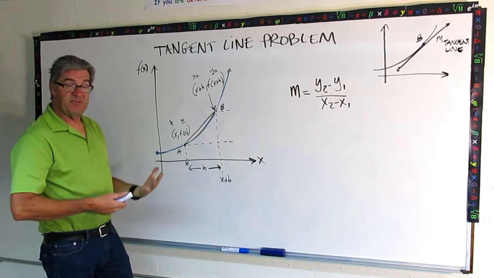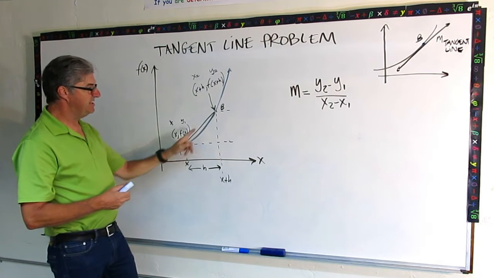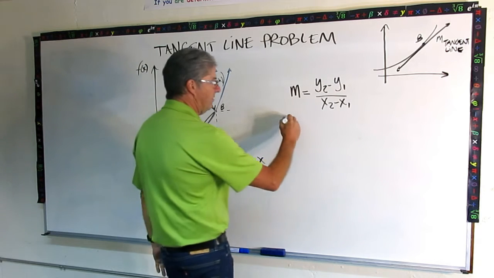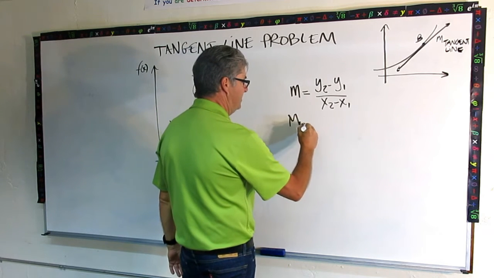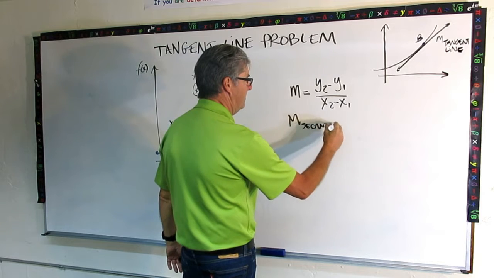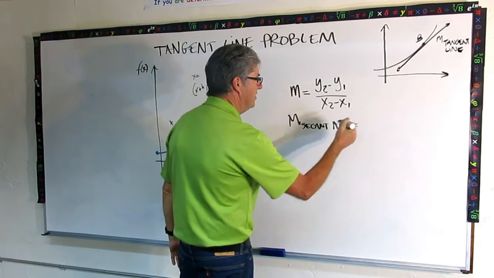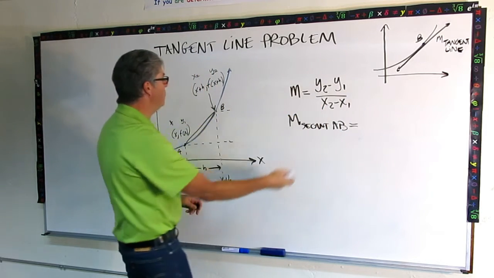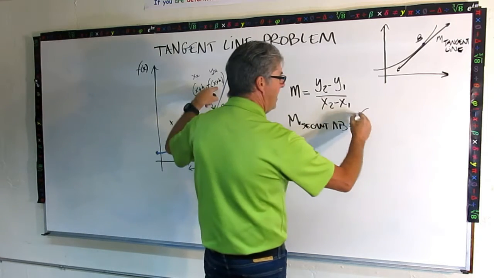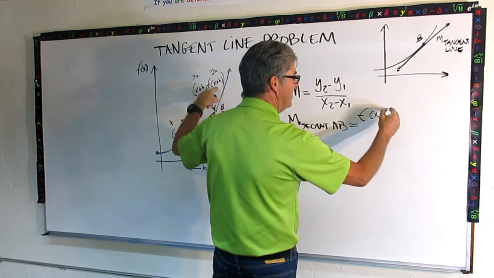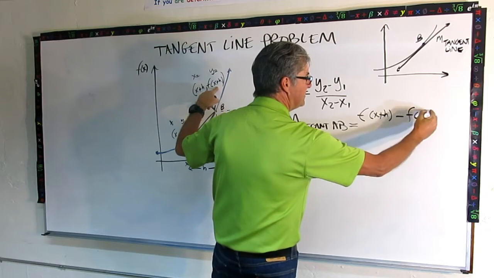So now we're set to write a formula for the slope of this secant AB. I'm going to write m of secant AB is going to equal y2 minus y1, so it's going to be f of x plus h minus f of x.